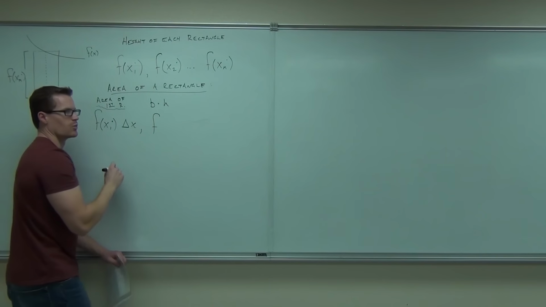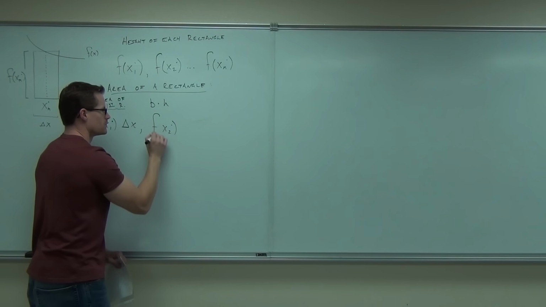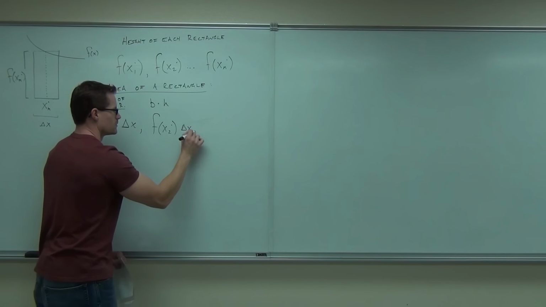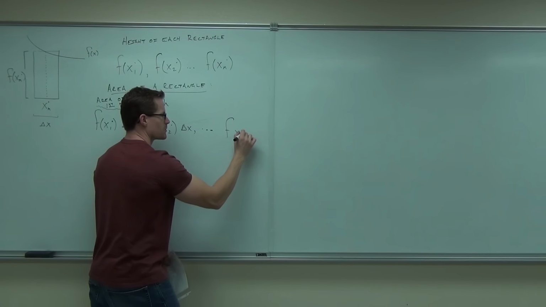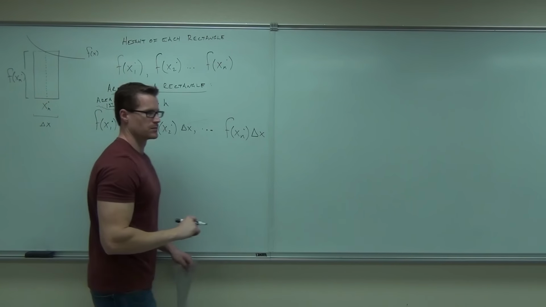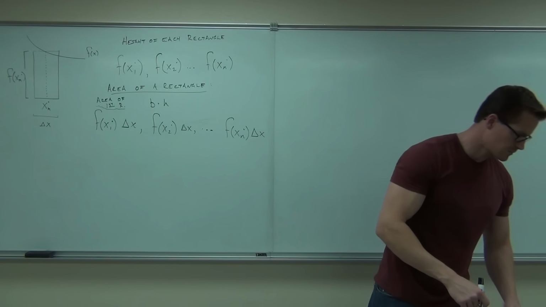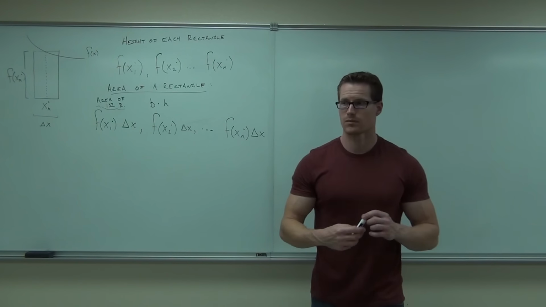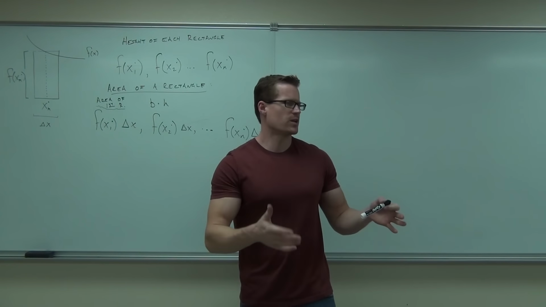That's what this is, the area of the first rectangle. How about the area of the second one? Well, it's still base times height. How about the last one? Well, it's still base times height. You okay or not? Well, what have we done really?